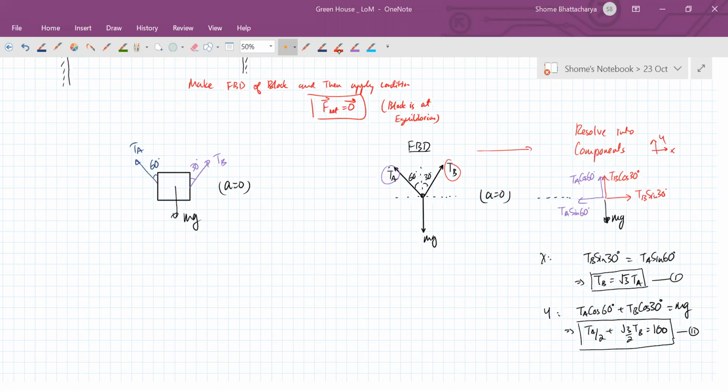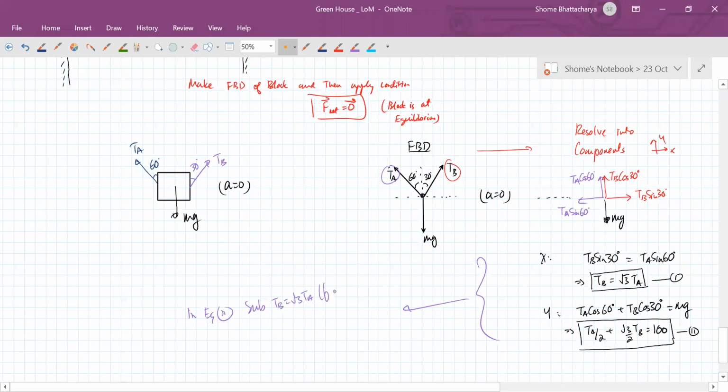Okay, so to solve these now, just do the normal substitution kind of thing. So in equation 2, substitute TB is equal to root 3 TA from equation 1. So we are having TA by 2 plus root 3 by 2 times TB, which is root 3 times TA.